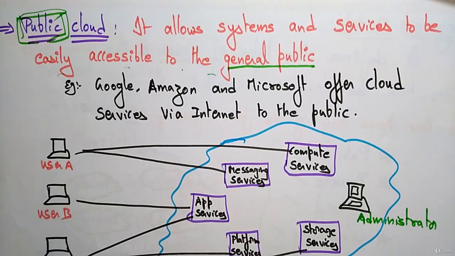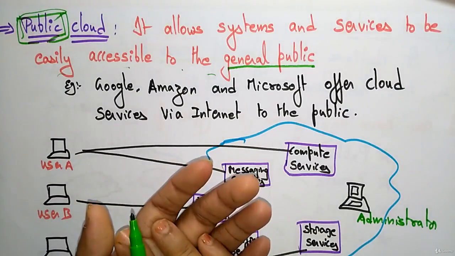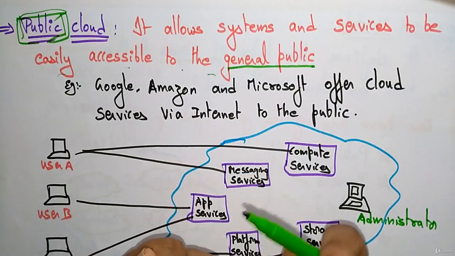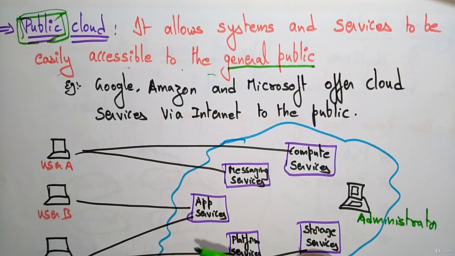Just like if you want to download any software, how are you going to download it? If it is a free download, it means the public can access it, anyone can access it, or else if you want, you can pay and download also. The things which are made available to users to download and use without any restrictions come under the public cloud.